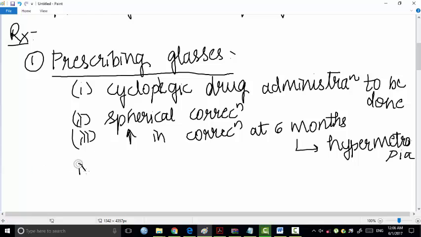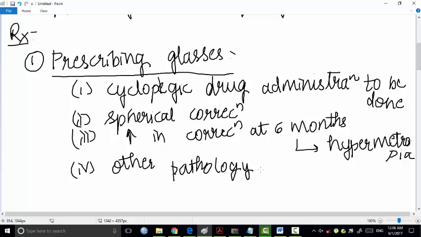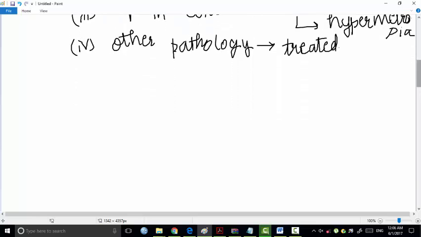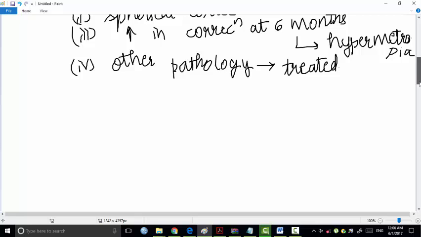And the fourth thing is, if there are some other pathologies along with this, then this should be treated accordingly, right? Along with other pathologies, you should treat even this accordingly. So these are the different modes of prescribing glasses.